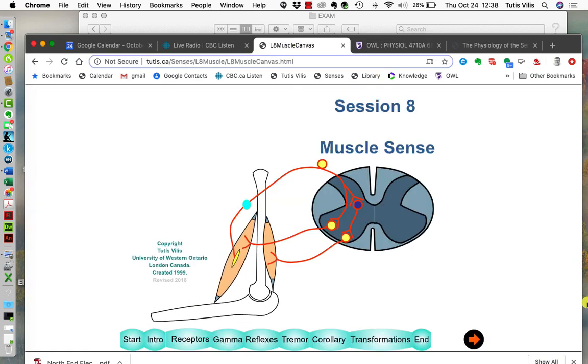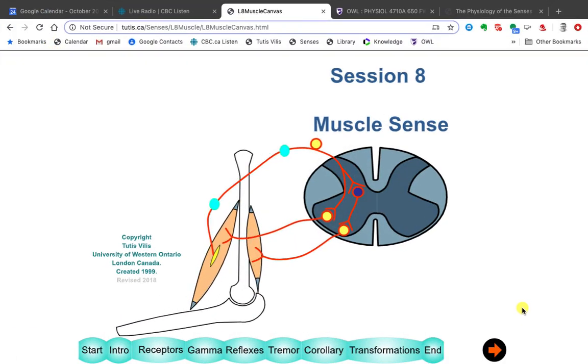Okay, so today we're going to do muscle sense.